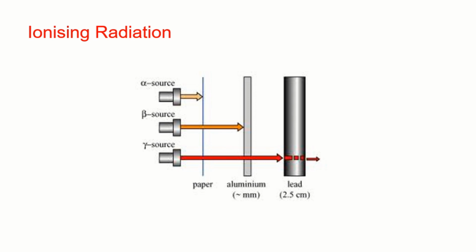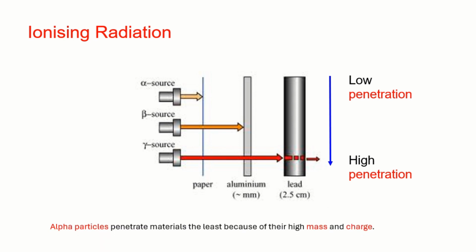And remember, these are all ionizing radiation, but what we're noticing is that alpha has low penetration and gamma has high penetration. And why is this? Well, alpha has got a high mass and a high charge. And what that means is it will have a lot of collisions.